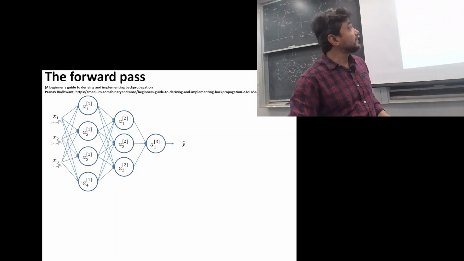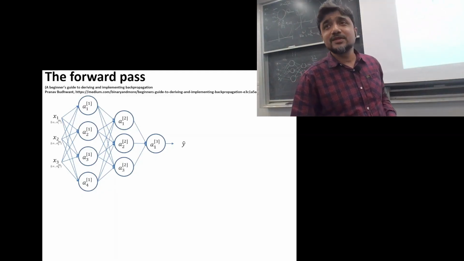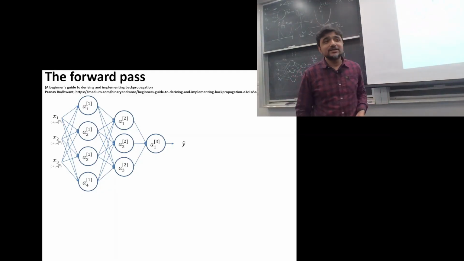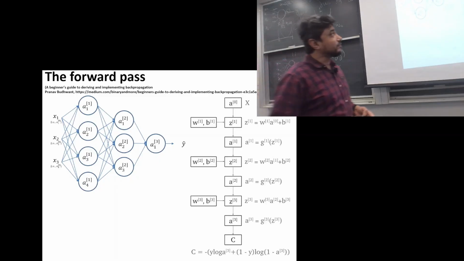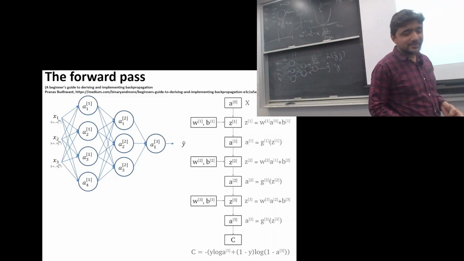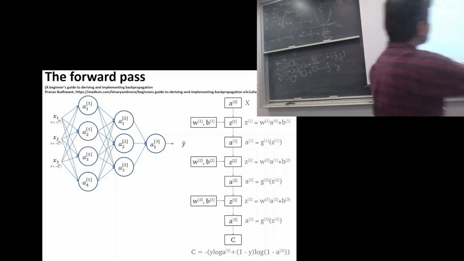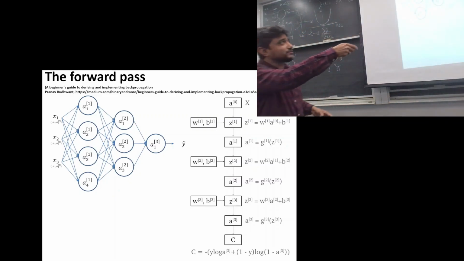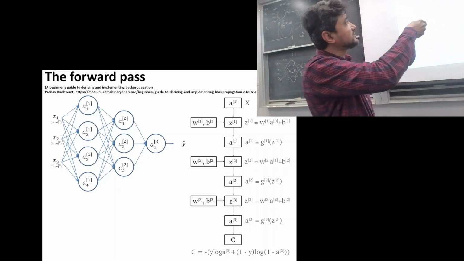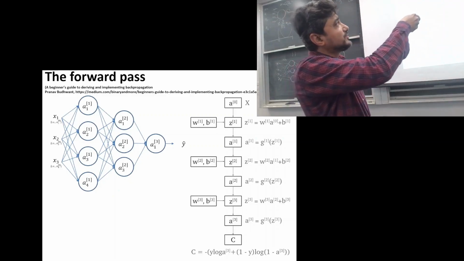Some of you may actually remember these diagrams. If you want to see what exactly you want to call each of the things, you can just use the notation from here. So if you remember, the forward pass used to look like this. So the forward pass is simply you start with your x, and this is vectorized, but yeah, don't worry about that for a moment. अभी vectorize करते हैं हर चीज को. So you start from here, you keep calculating.